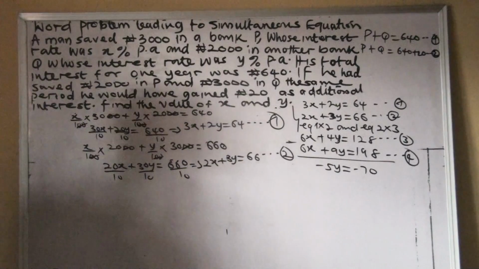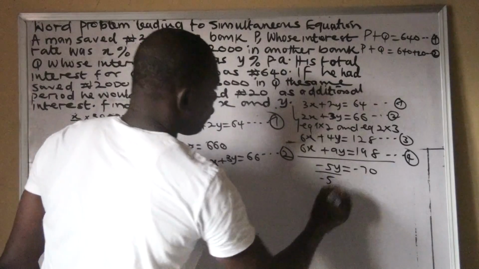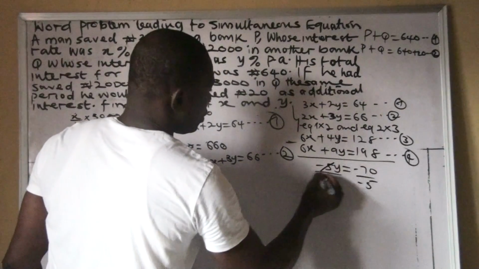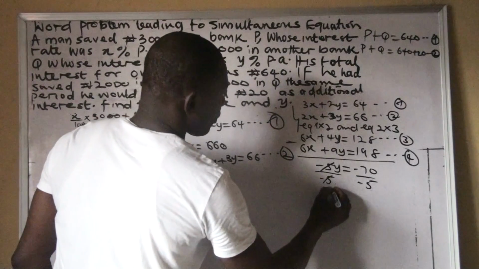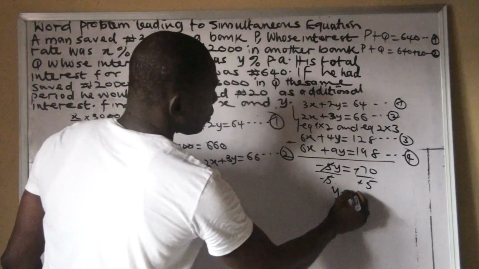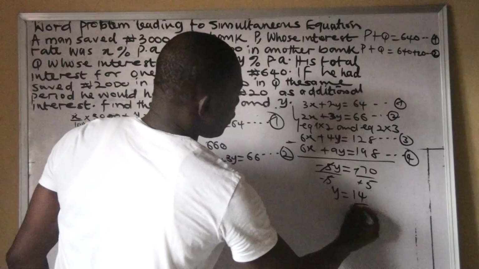Then the next thing to do is to divide both sides by the coefficient of y, minus 5. This will be off, so that our y becomes 14.